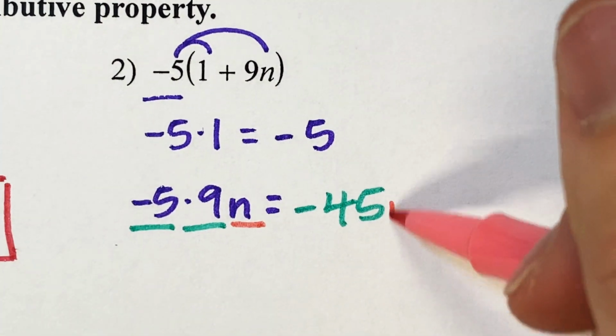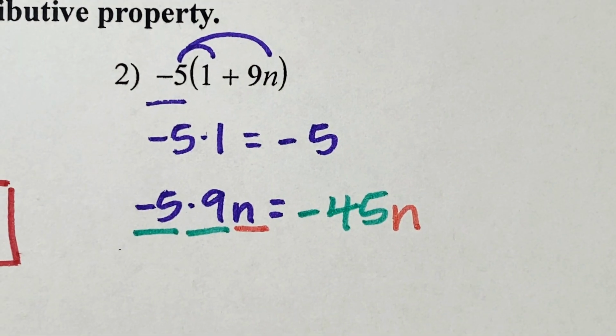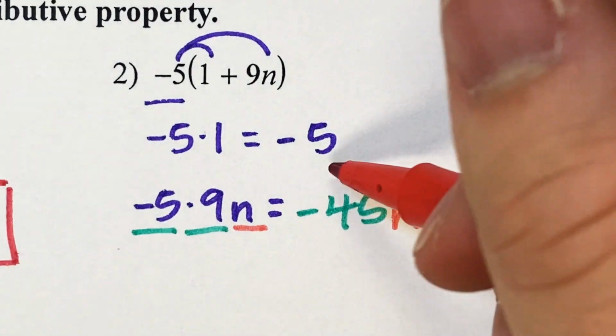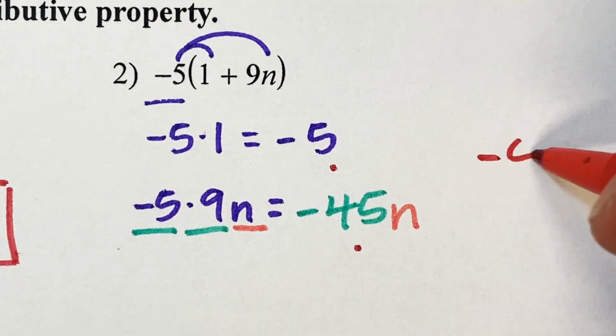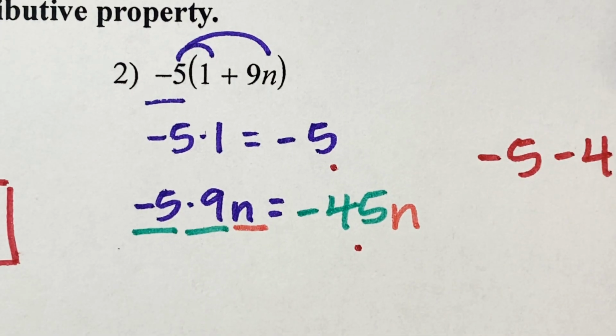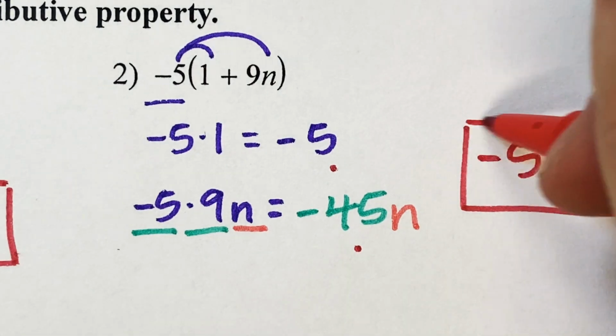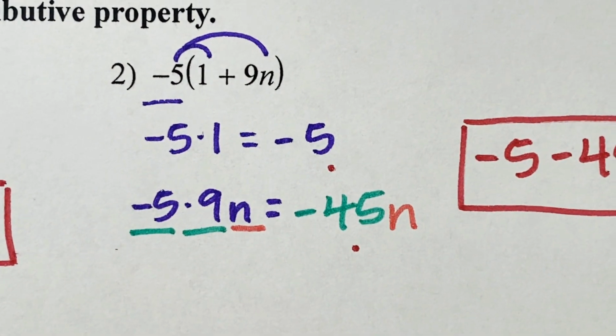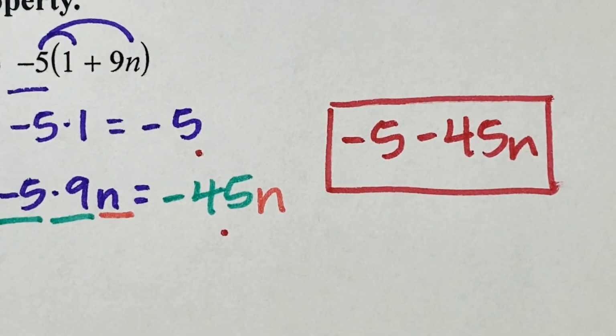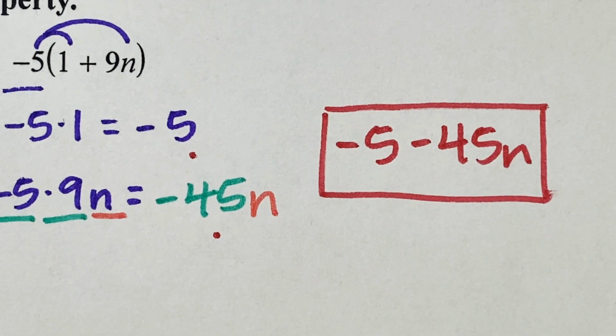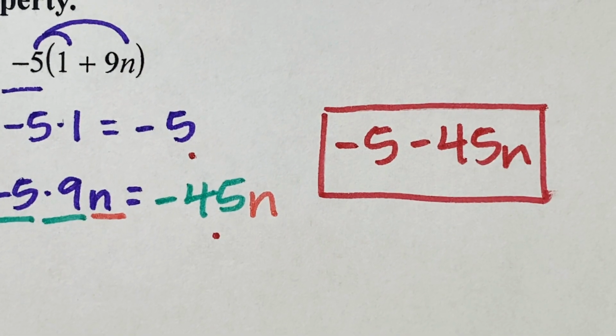Just that one n right there. So negative 45n. Now our last step is to just write them together. So we have negative 5 minus 45n. And that is our simplified expression. So negative 5 minus 45n.